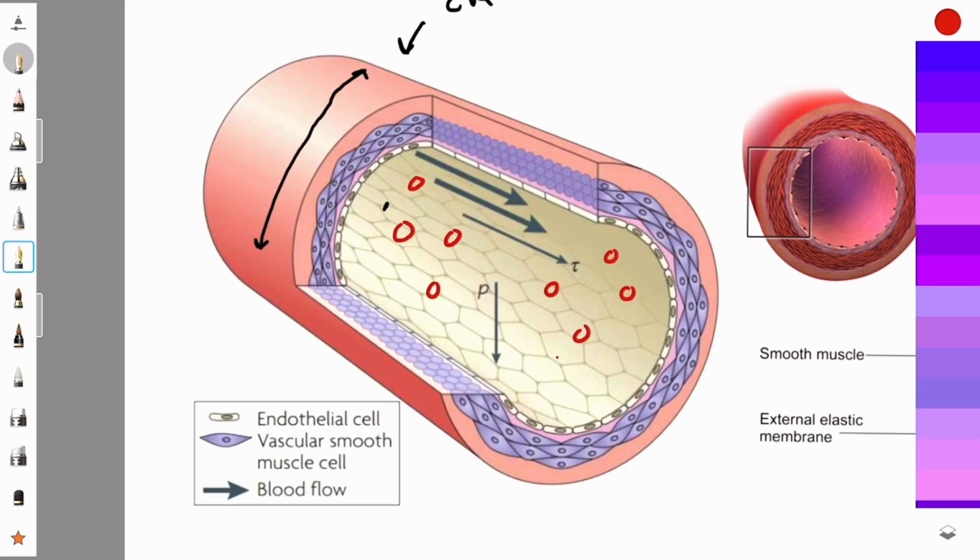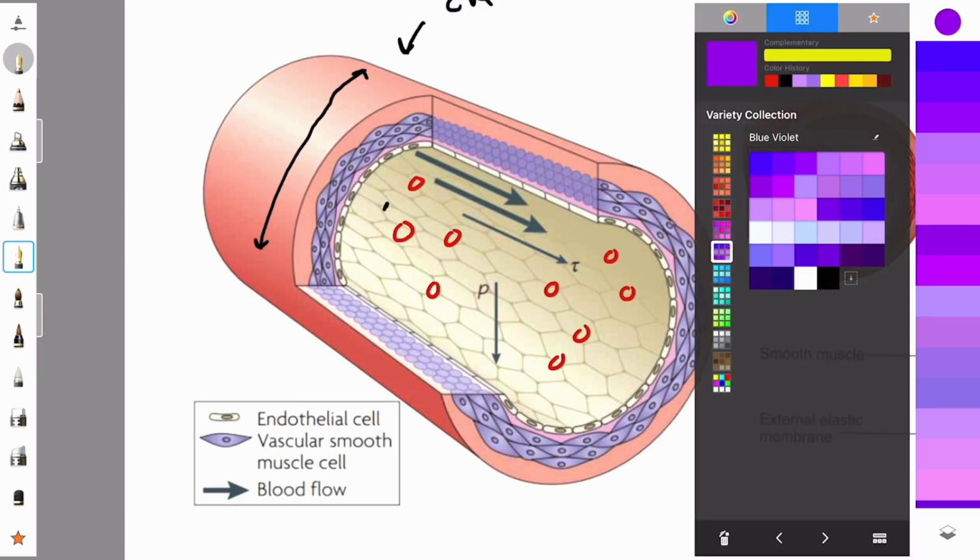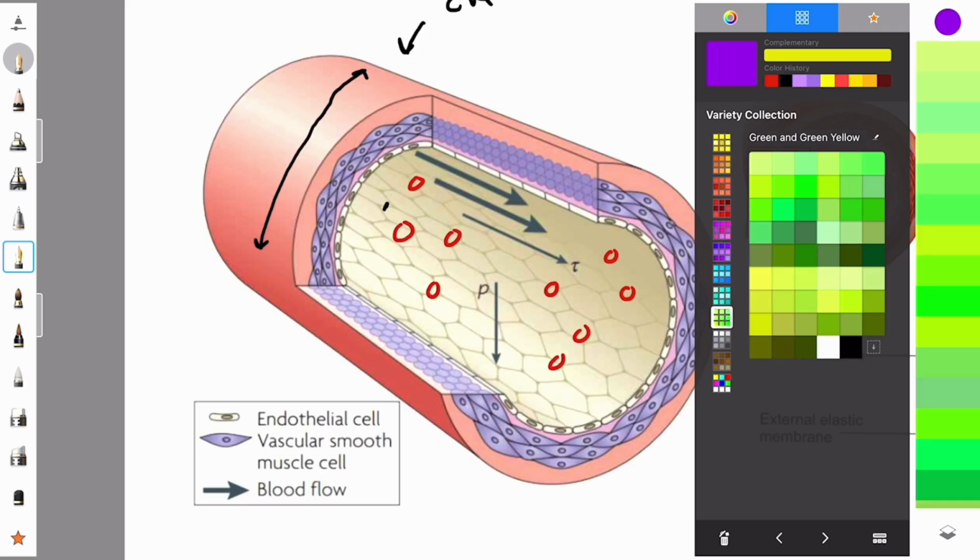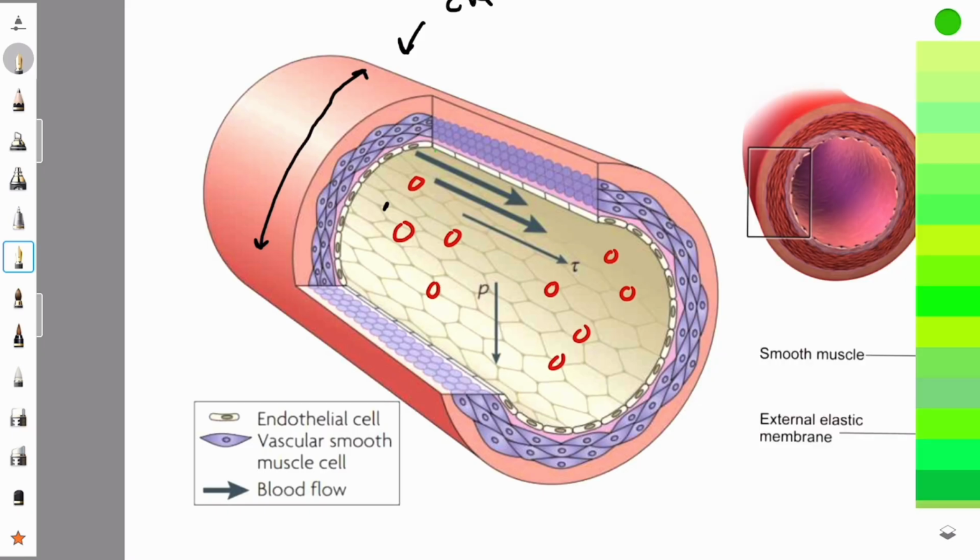Now, what's really important to look at here and to understand the relationship between two different cell bodies. The first one is going to be the endothelium, or the endothelial cells, which I was talking about earlier. And that is, let me find a color that is more appropriate. Let's do green. That is this right here.